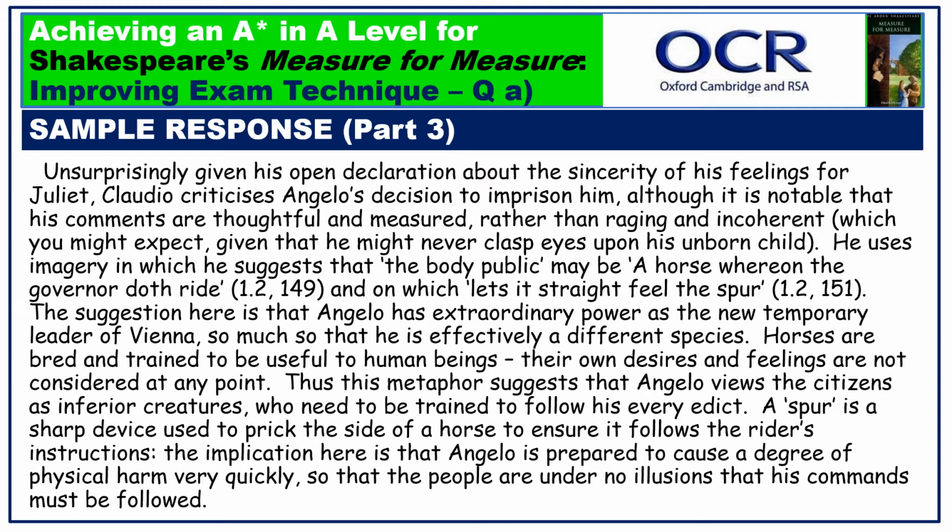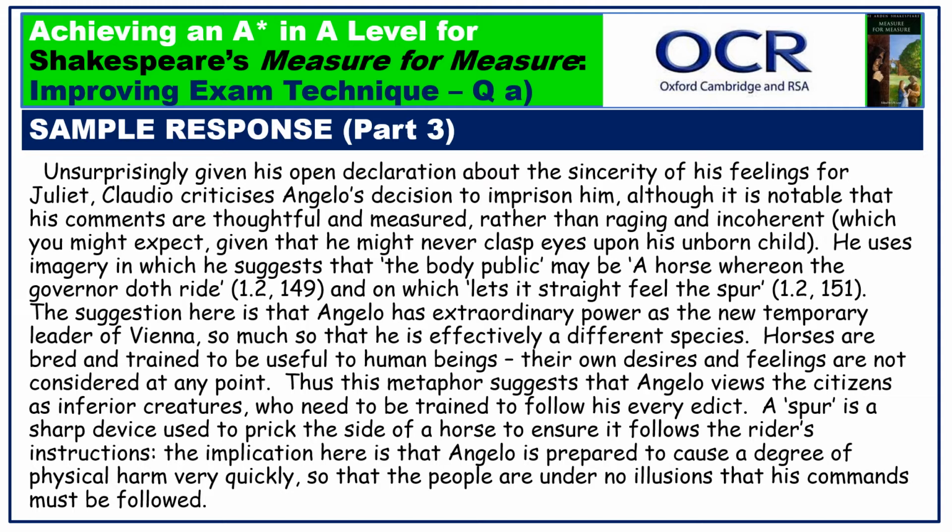The suggestion here is that Angelo has extraordinary power as the new temporary leader of Vienna, so much so that he is effectively a different species. Horses are bred and trained to be useful to human beings. Their own desires and feelings are not considered at any point.